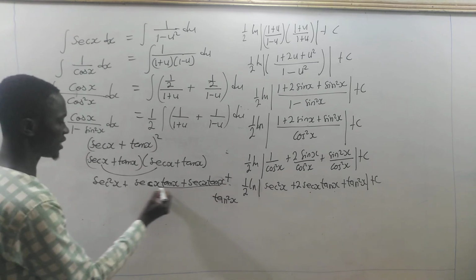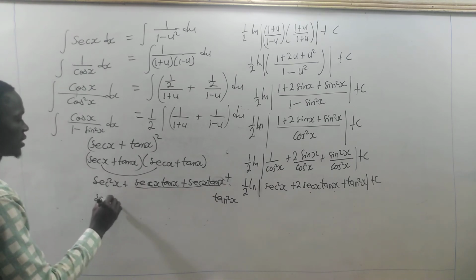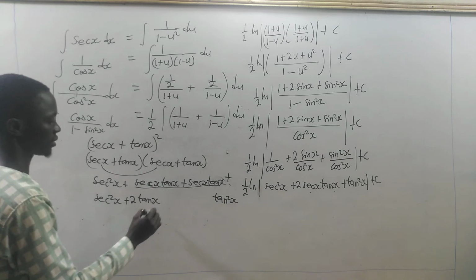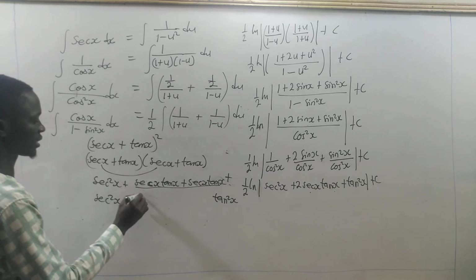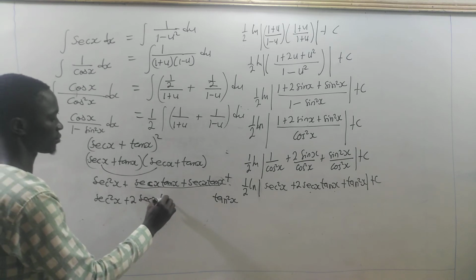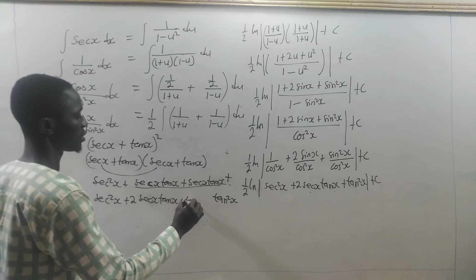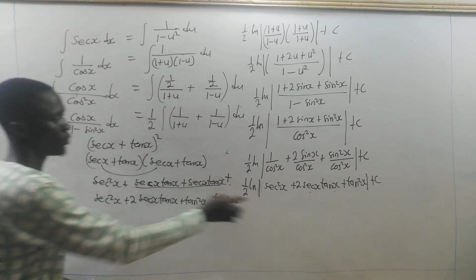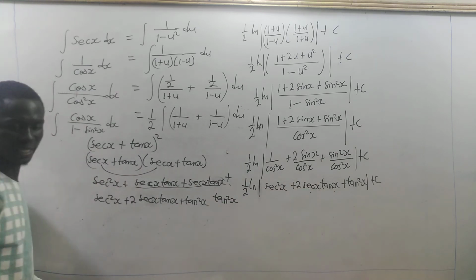So if we add this together, we are going to have secant squared x plus 2 secant x tangent x plus tangent squared x. So you see that if we expand this, we are going to get what we have inside here.